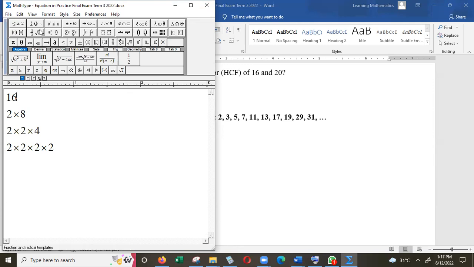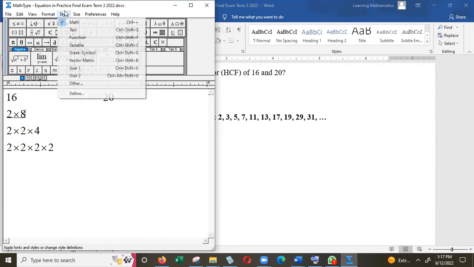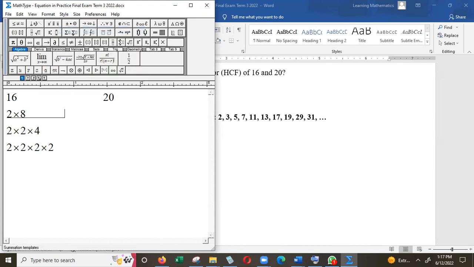Now we have to do this to 20. So let's start with 20. 20 can be rewritten as 2 times 10.